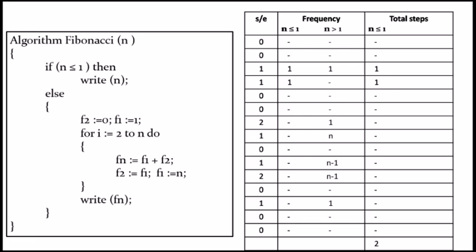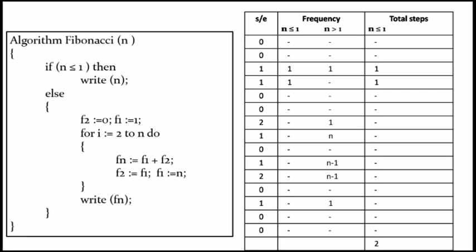So this for loop body will be executed n minus 1 times when the condition is true. So this particular statement will be executed n minus 1 times. Even the next line, even though there are two statements, this entire line will be executed n minus 1 times.